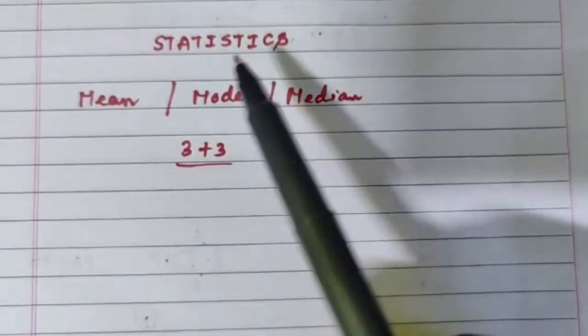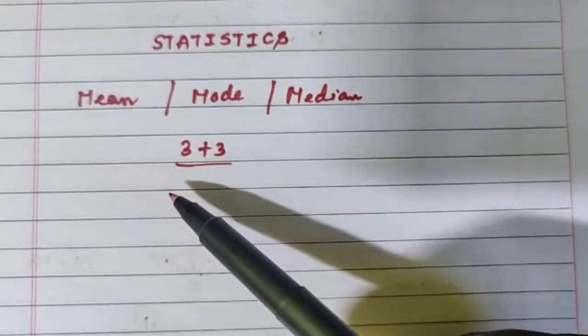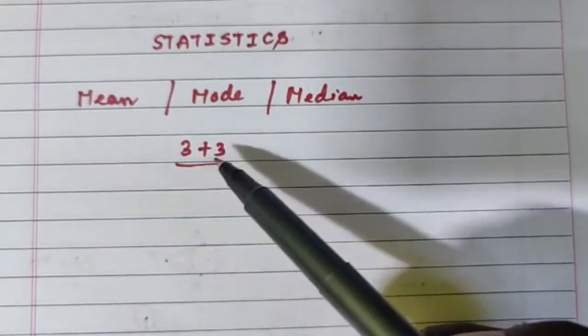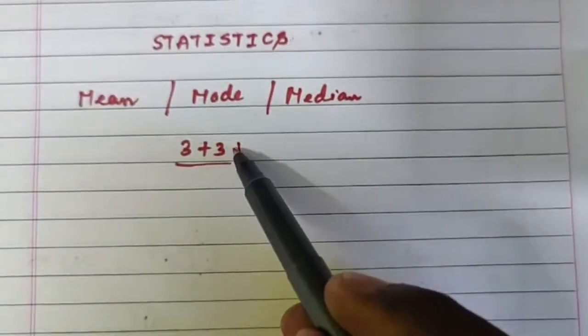It is based on mean, median, mode. 2 questions will be there carrying 3 marks each, that is for total 6 marks. Otherwise, with this it can be asked for 1 mark.